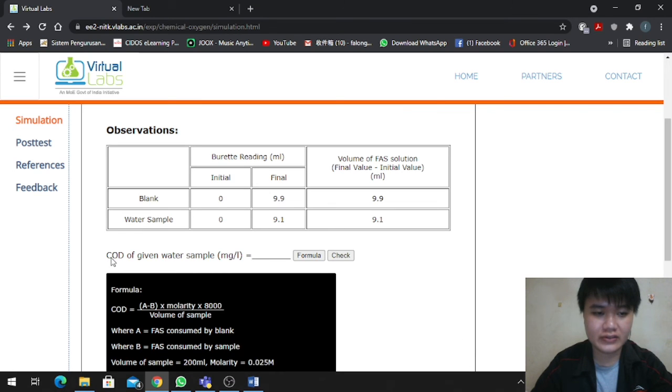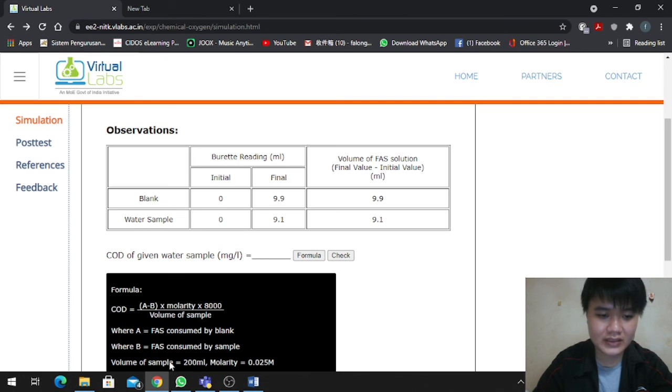Lastly, we need to calculate the COD of the given water sample. The formula is COD = (A minus B) multiplied by molarity multiplied by 8,000 divided by volume of sample, where A is FAS consumed by blank, where B is FAS consumed by sample.